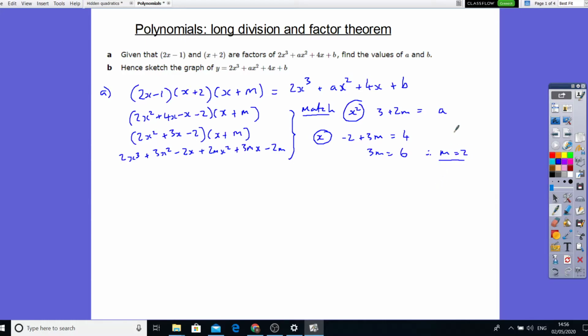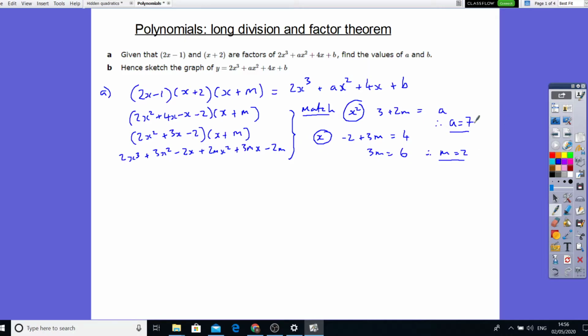Okay, so we managed to get that. Now if I know m is equal to 2, straight away I can work out what a is, because when I sub in m as 2, that gives me 2 times 2 is 4, plus the 3 is 7, so therefore a is going to equal 7.